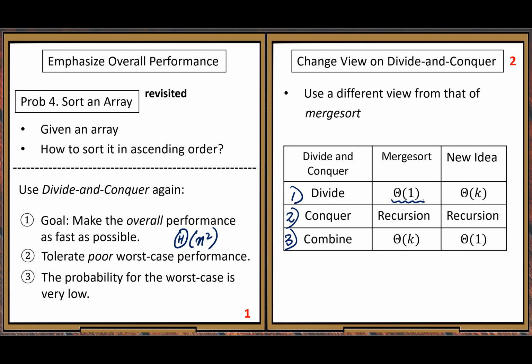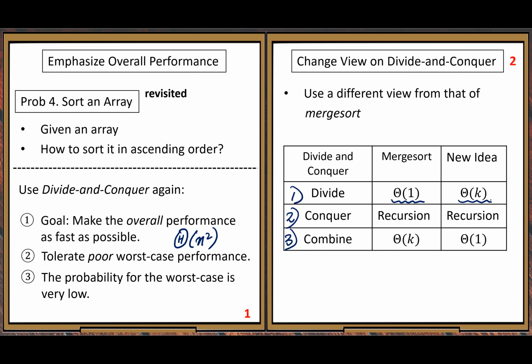Now the new idea we want to do differently, right? So we can spend a little more at divide step. So we can allow big theta of k. Why do I use k?